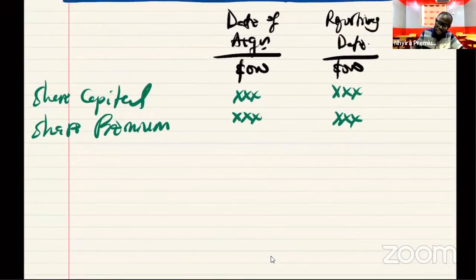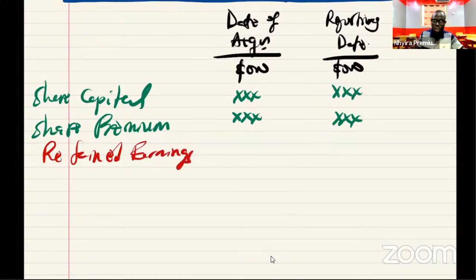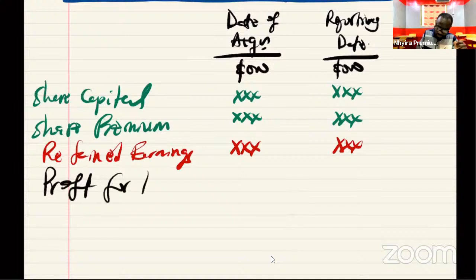Now, I want you to stay with me carefully from here. We'll bring in the retained earnings. Usually, the same figure at the reporting date will be at the date of acquisition. So at the date of acquisition, we bring the figure there, and that same figure will go to the reporting date so that we can have the profit for the year coming up.